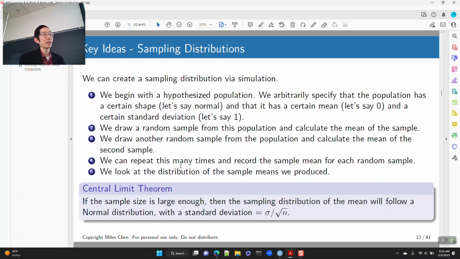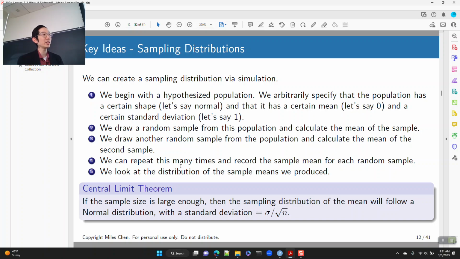Right? And what's amazing is that if the sample size is large enough, then the sampling distribution of the mean will follow a normal distribution. And the standard deviation of that normal distribution will be sigma divided by the square root of n.